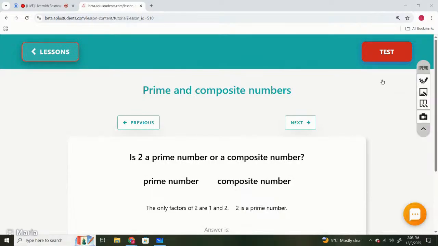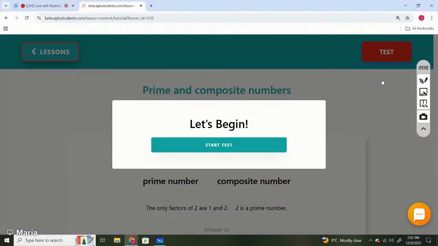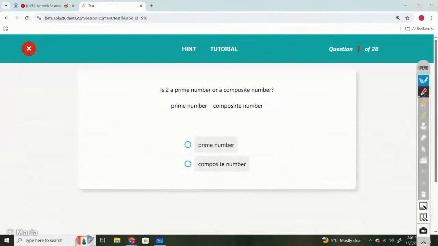Let's just start with the test questions. The first example: is 2 a prime number? Yes, it is, right? Prime numbers are the ones that have only two factors. 2 times 1 is 2.